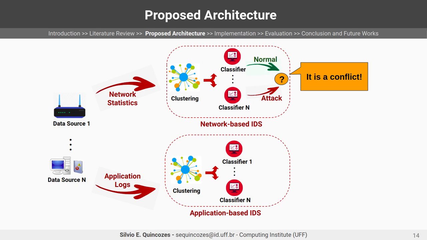So basically, suppose that in the previous case shown at the top of this image, we have a conflict case, and we will ask for advice from a different data source. Suppose that the first IDS is a network-based IDS, and the second one is an application-based IDS that analyzes application logs from its data source.